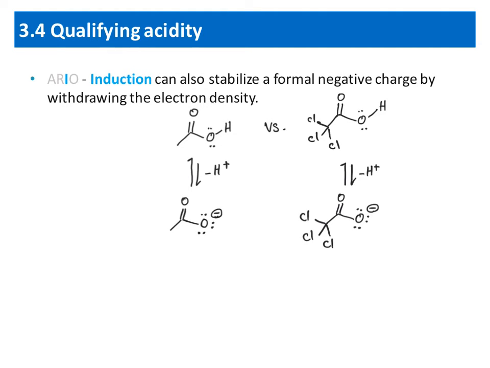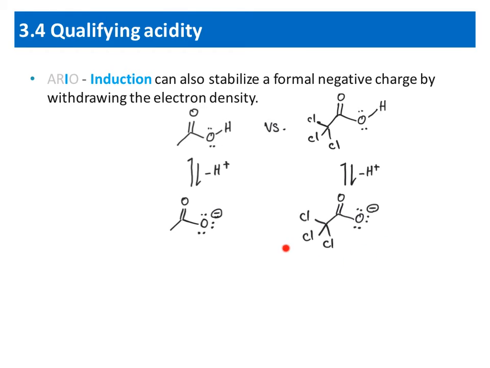The only difference between these two molecules is that we have 3 chlorines attached to this carbon right here. However, we have 3 hydrogens attached to this carbon. We know that chlorine is more electronegative than hydrogen. So these chlorines will pull the electron density from the central carbon atom toward themselves, so they can stabilize the negative charge. Basically, this anion has more hands to hold this negative charge.